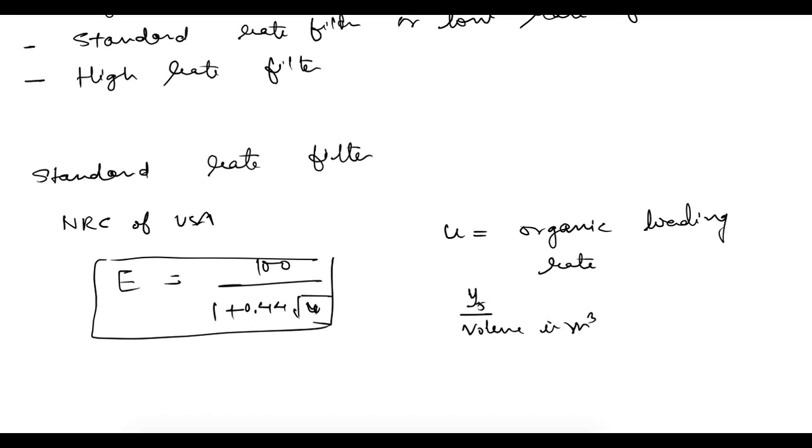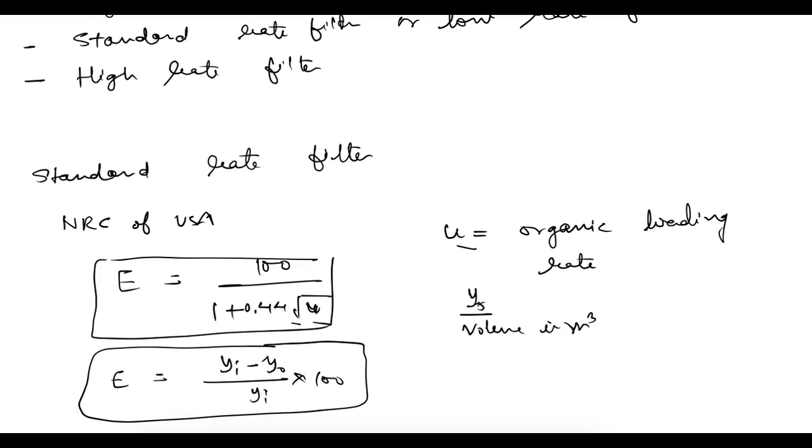That will be your value of organic loading rate, and if you put it here you will get the efficiency. The other formula for efficiency that we saw is Yi minus Y naught divided by Yi into 100. This can always be used to find out the efficiency. So that's how we calculate for the standard rate filter. In the next video we'll see the high rate filter and what the filter troubles are.